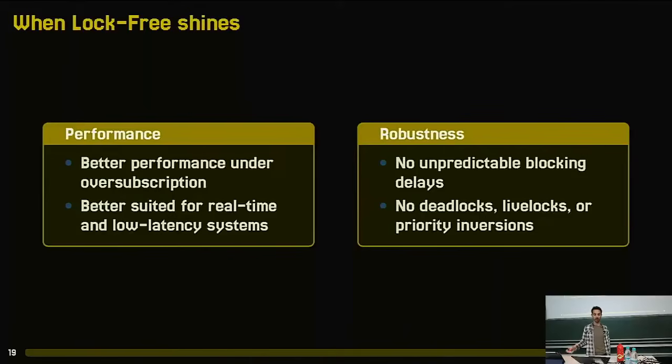This is where lock-free programming really shines. It also is not susceptible to priority inversion, which is pretty tough sometimes to notice and fix. And also not susceptible to deadlocks, or livelocks, maybe, but those can be easily avoided. And especially we don't have any dumb delays because of descheduling, as we do not have to wait. We can just try again, and that might be enough to then succeed.